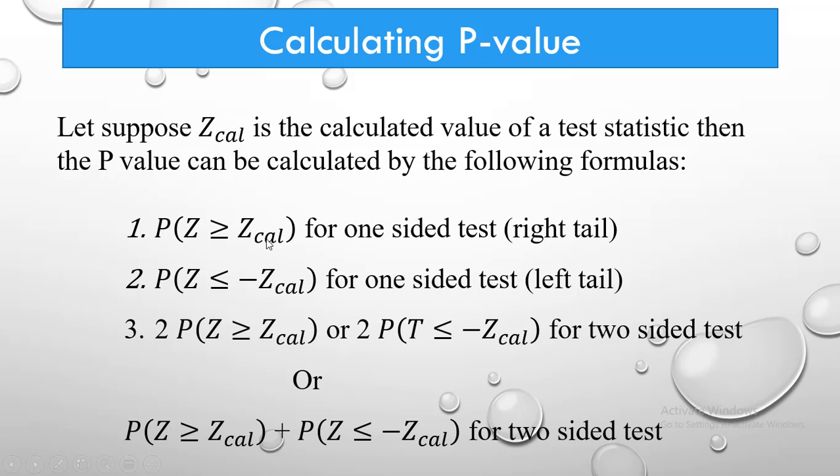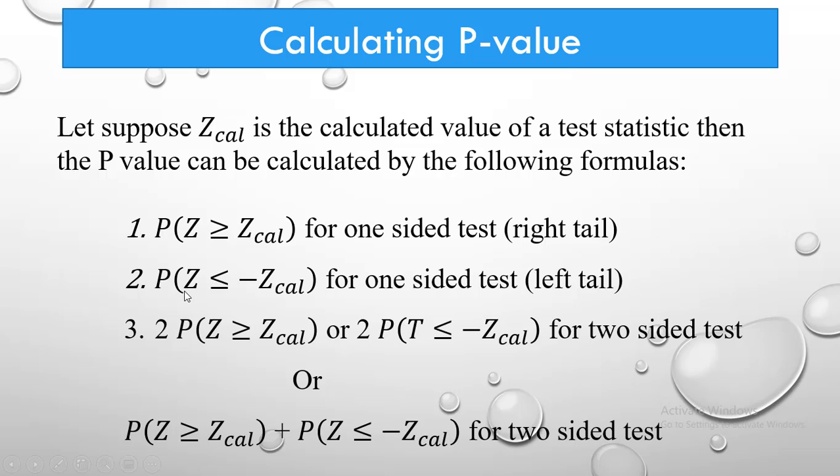Different formulas depend on your alternative hypothesis. P(Z ≥ z calculated) is for a one-sided test, right tail. Remember, this p-value depends on your alternative hypothesis as well.